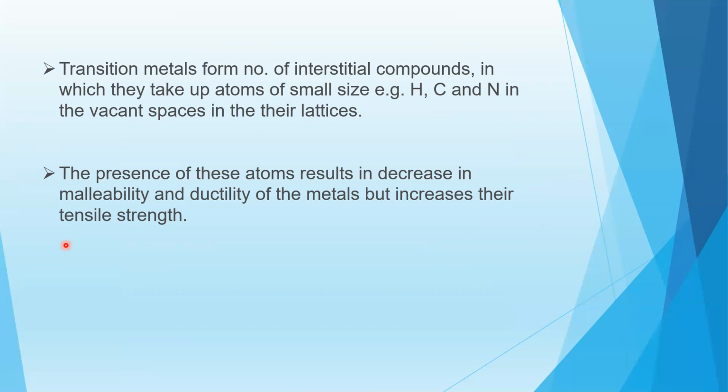The presence of these atoms results in a decrease in malleability and ductility of the metals, but increases their tensile strength. Now, what is malleability? Malleability means when a metal can be converted into thin sheets by hammering, whereas ductility means the metal can be stretched into wires.